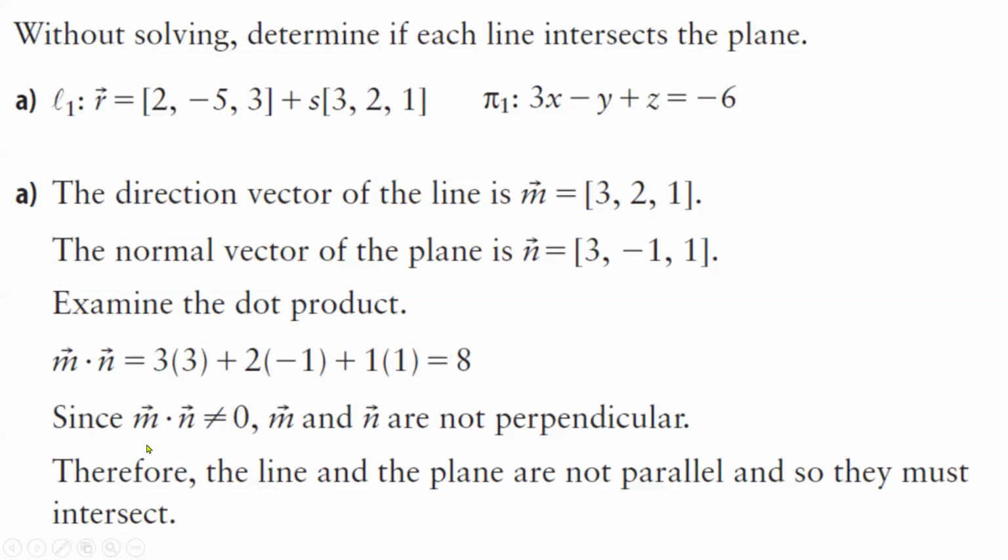Since the dot product is not 0, we know m and n are not perpendicular. Therefore, the line and the plane are not parallel, so they must intersect.